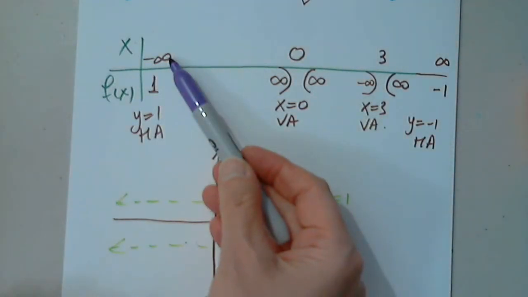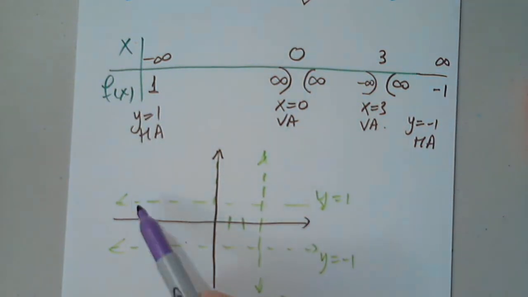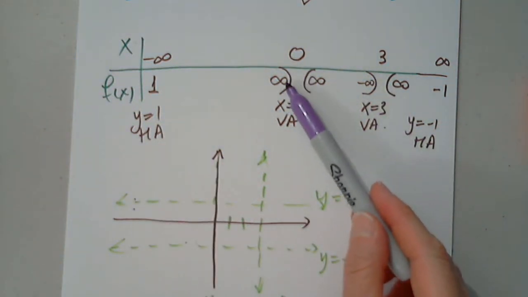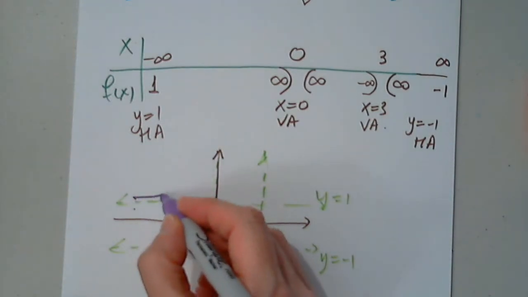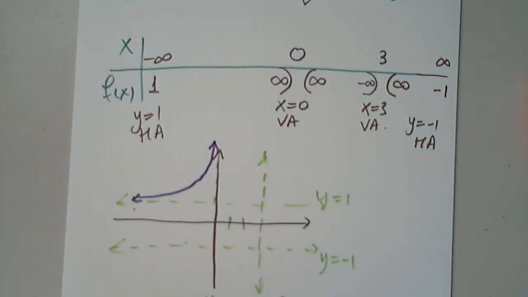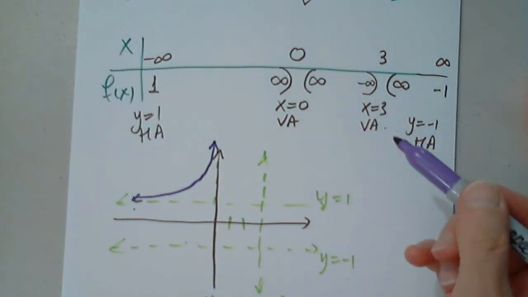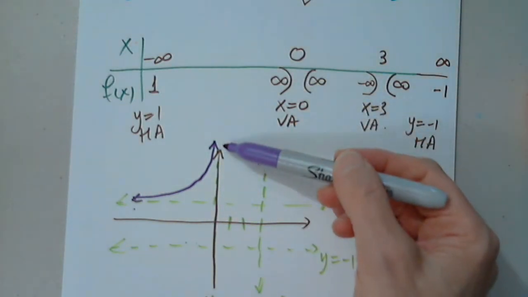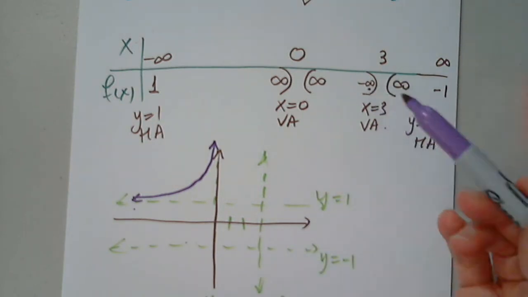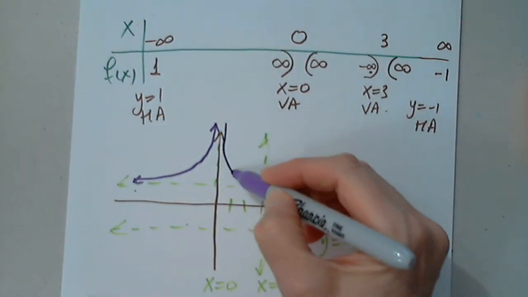As x approaches negative infinity, it approaches 1. I don't know if it's above or below in a moment. Oh, it goes to infinity, so it must be from above. Here it comes from positive infinity. And on this left-hand side, it approaches negative infinity. Fine, okay, no worries.